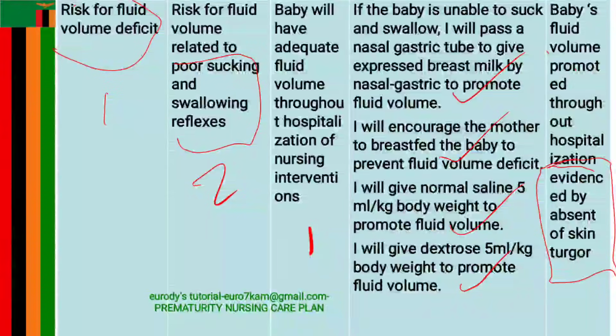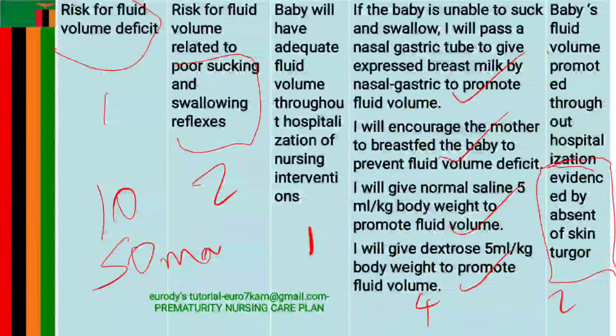You get a mark also for correct objectives. You get 4 marks for 4 interventions, and 2 marks for a correct evaluation. So when you complete your problems like this, for one problem, you're able to get 10 marks. Then out of the 5 problems, you end up getting 50 marks in the exam.